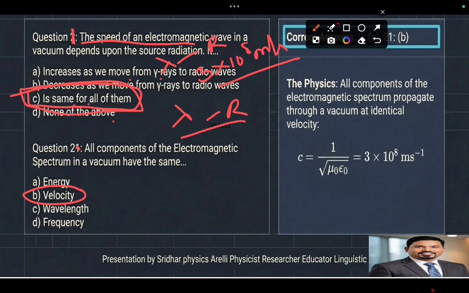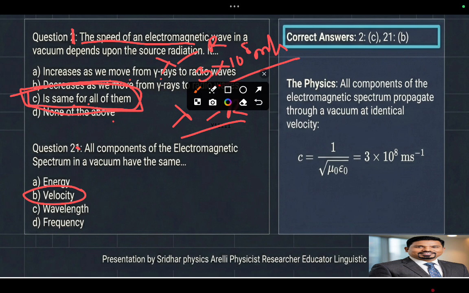For these two questions, look at this analysis: all components of the electromagnetic spectrum propagate through a medium at the same velocity.